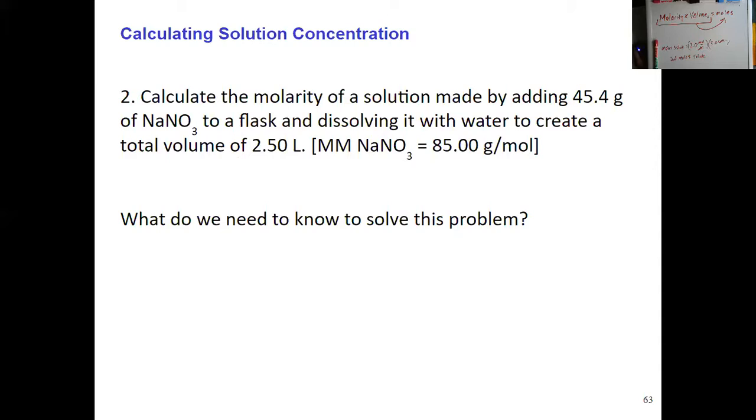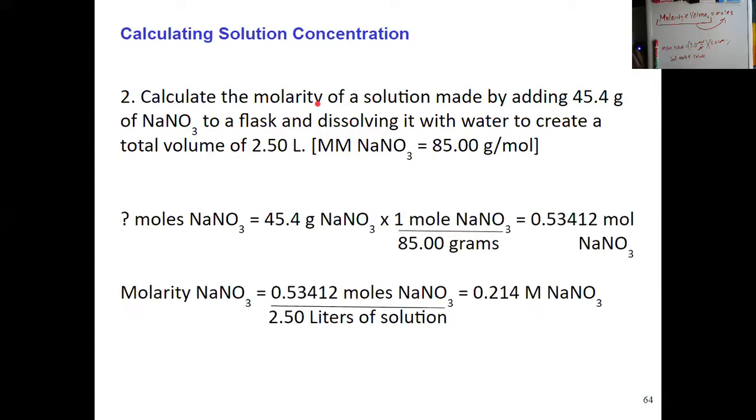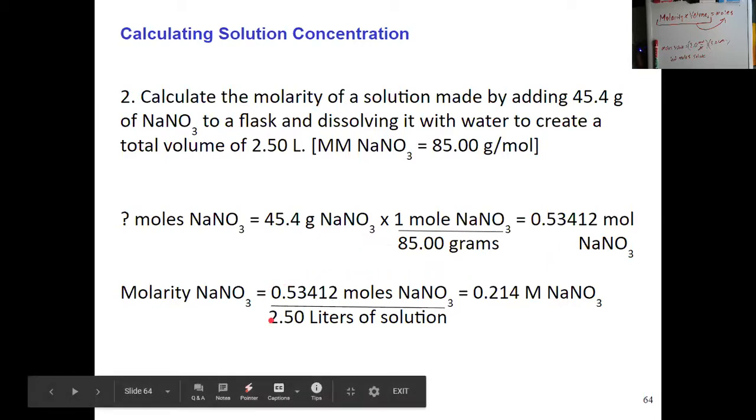To figure out the molarity of that solution, we need to know the moles of sodium nitrate, and then divide it by the liters of solution. So we'll take our gram value of sodium nitrate and use the molar mass to calculate the moles of sodium nitrate. Once we have the moles, we can divide by the liters of the solution, and that will give us the molarity of the sodium nitrate.